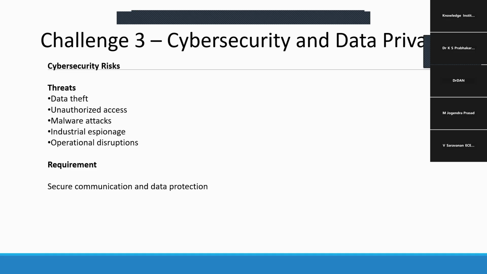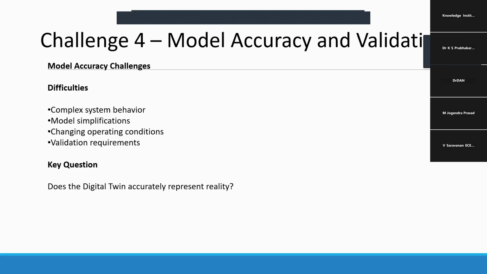The next challenge is model accuracy and validation. Model accuracy means that a real-time system is mostly a complex system, usually influenced by numerous variables.